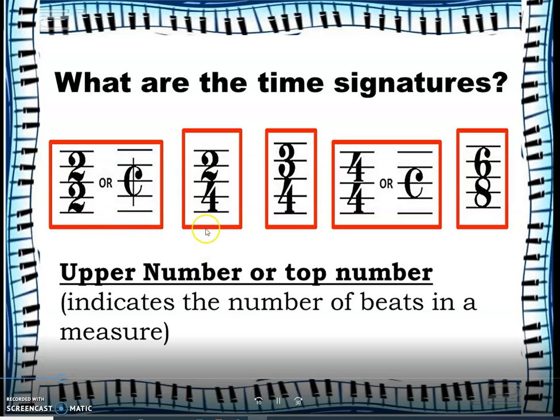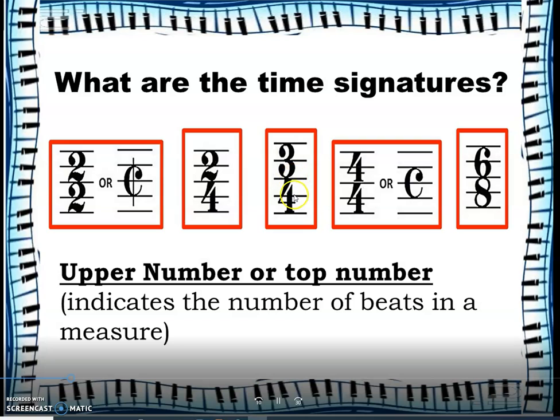Now, in time signature, there are the upper number and the lower number. Upper number is called top number. And what are those top numbers? In 2-2, we have 2 as a top number. In 2-4, again, 2 as the top number.